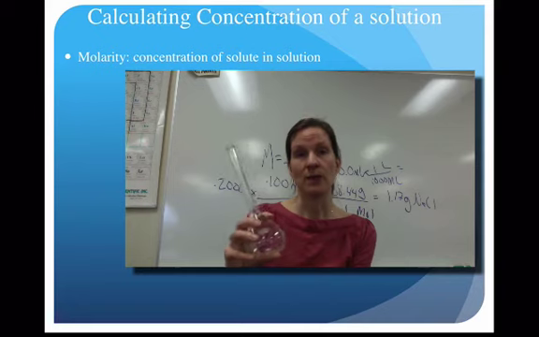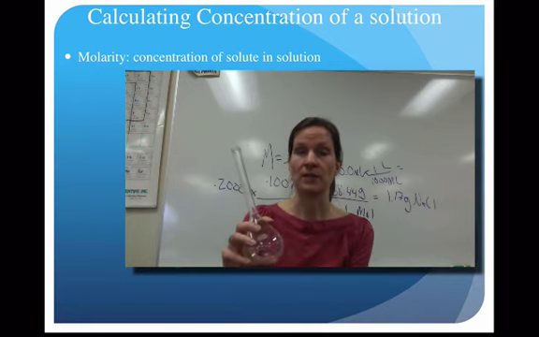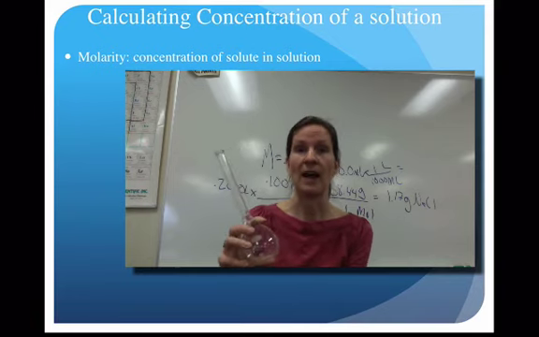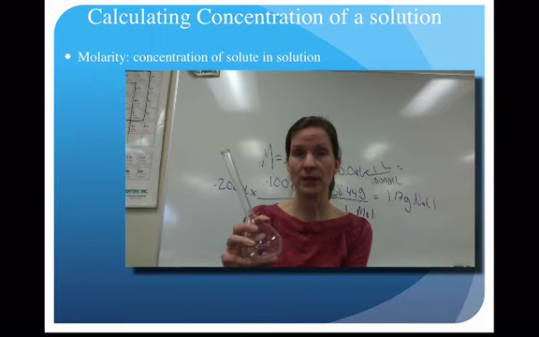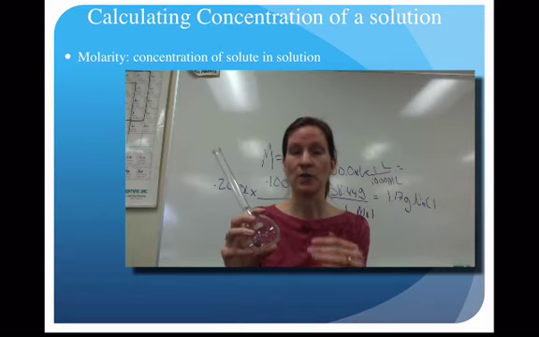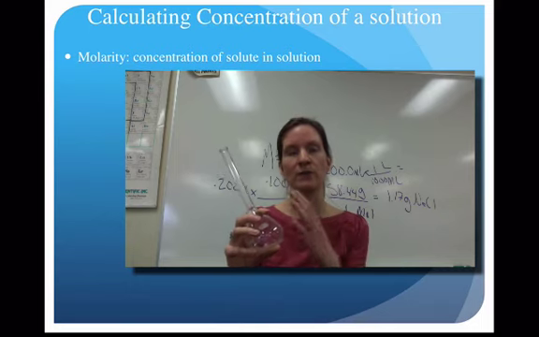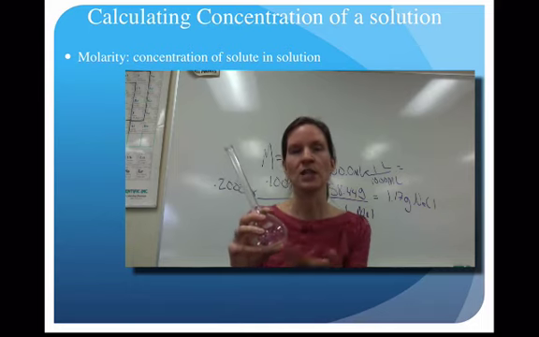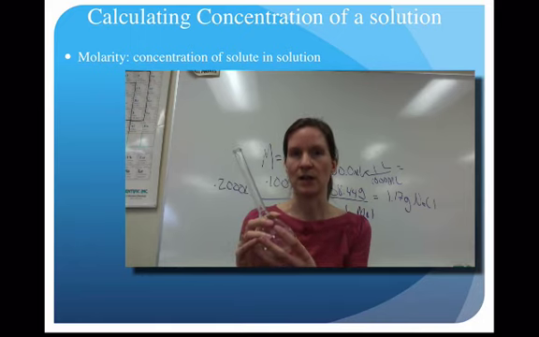The problem is to make a solution, you measure out solute and solvent, right? That's what you have. But that's not what your calculation is dependent on. If you want to make a solution where you're going to put in 10 grams of sodium chloride, you need a way to measure out the full volume of your final solution to be able to calculate the concentration correctly.